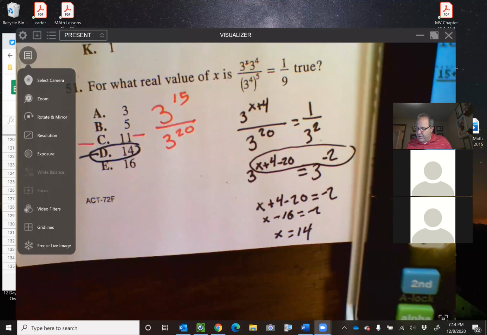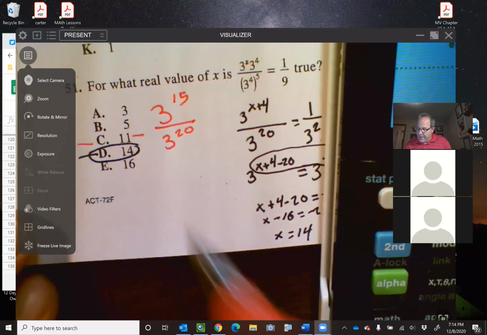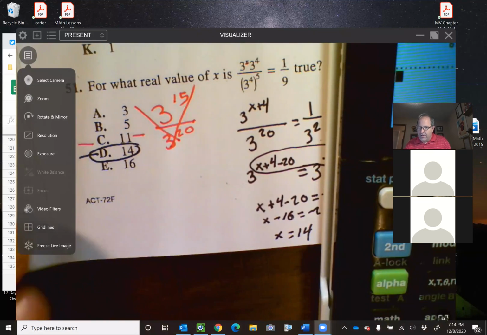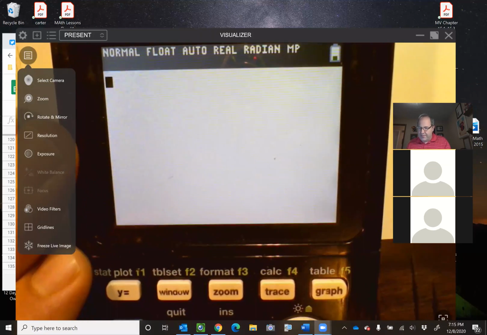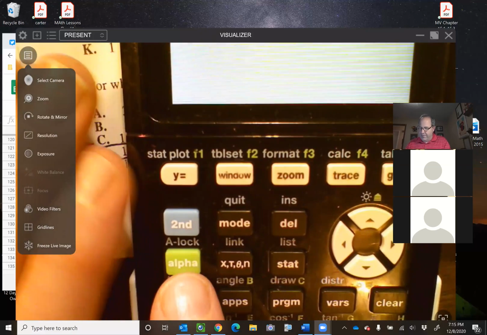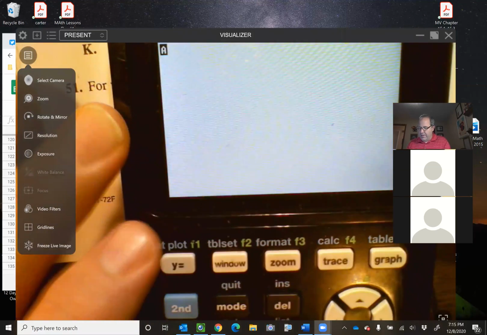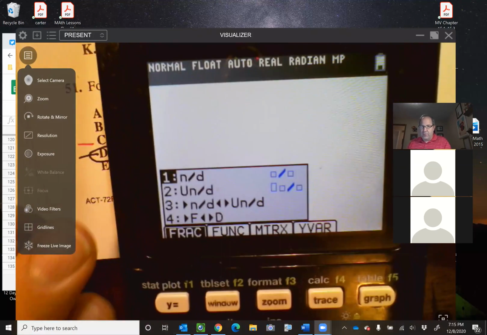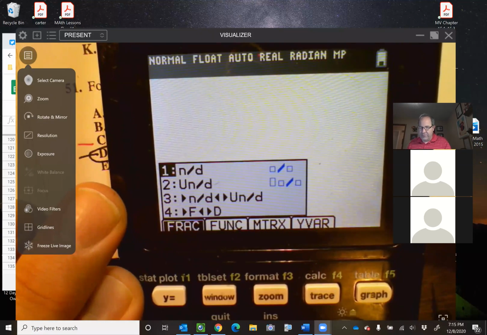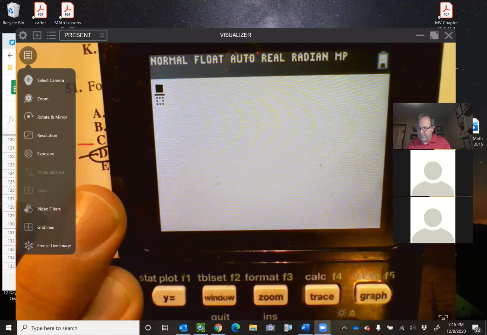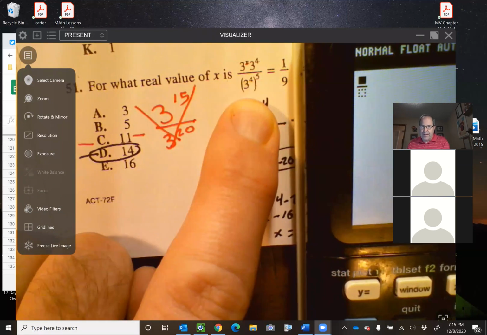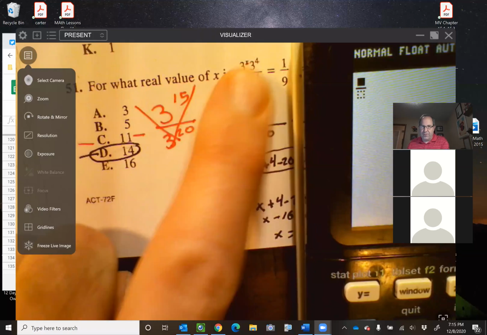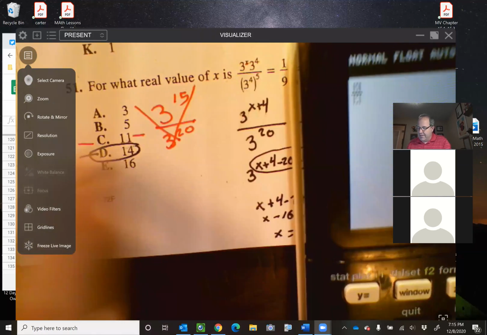So in fact, you know what I might do? I might not even go that far on it. I might take my calculator here. Did you guys know that if you press the alpha button and then the y equals on the top, we get this hidden menu that lets us make a fraction? We could type in that problem and put in the 11 for the x to see if that might be it.